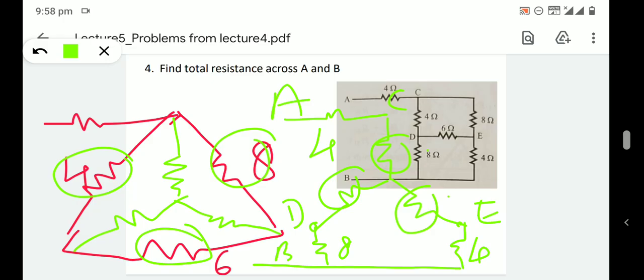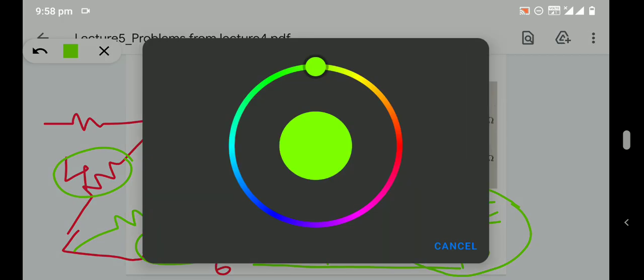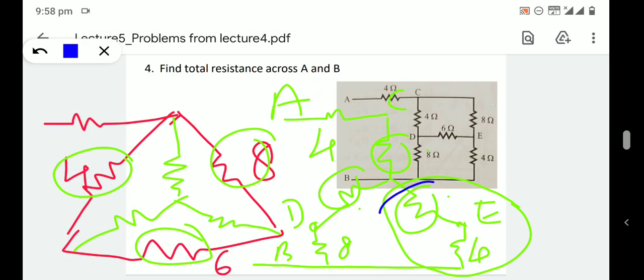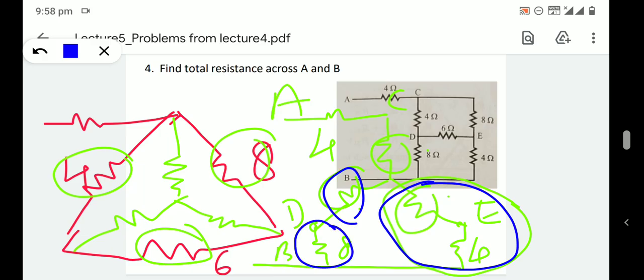So if we have got these resistance values, then these two resistors are in series connection, so they can be added together, and this resistance and this 8 ohm will again be in series connection.